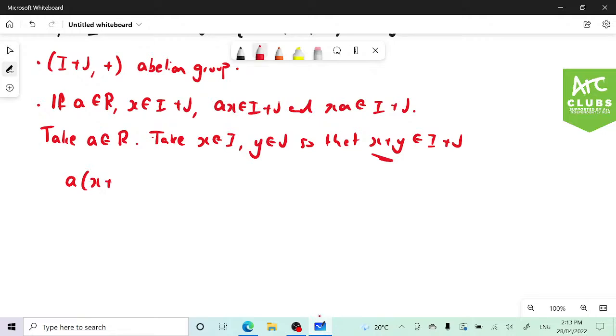So a times x plus y is just ax plus ay. But notice that I is an ideal, right? And x belongs in I.